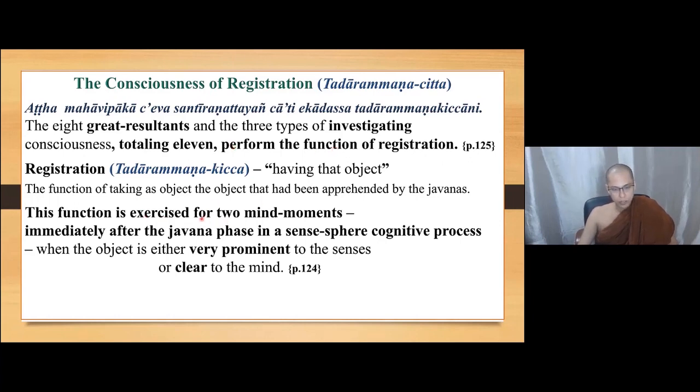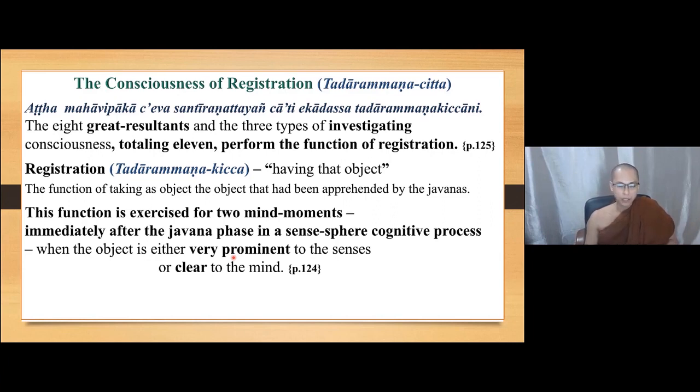Okay, what is this function? The nature of this function is that it always arises for two mind moments. It never arises for only one moment. And the place where it arises is immediately after the Javana phase. Another piece of information: in the cognitive process of the five sense doors, there are 4 types of object according to the quality of the object: very prominent, prominent, slight, and very slight.